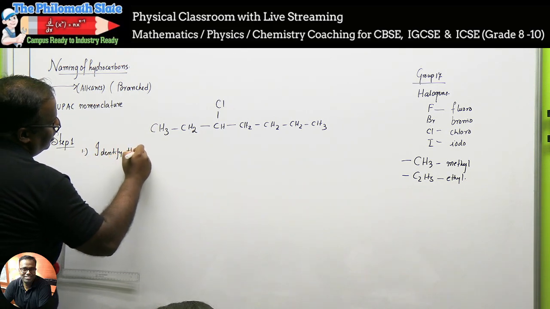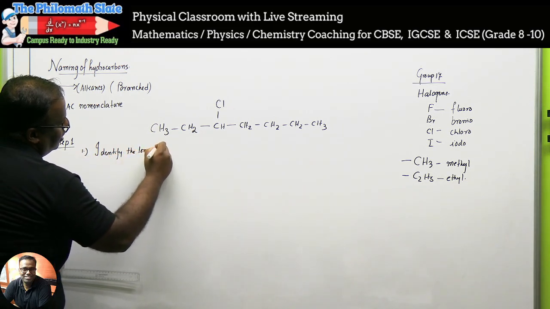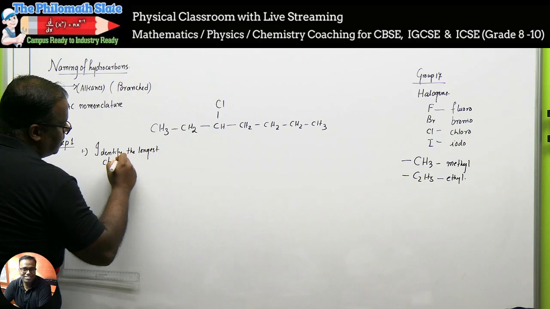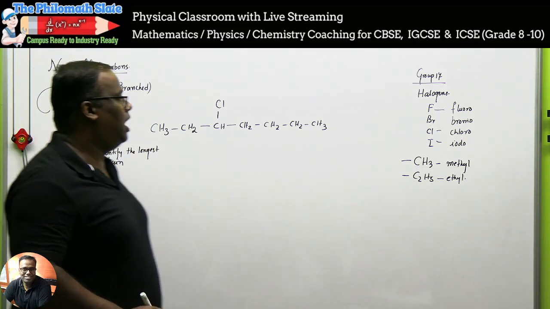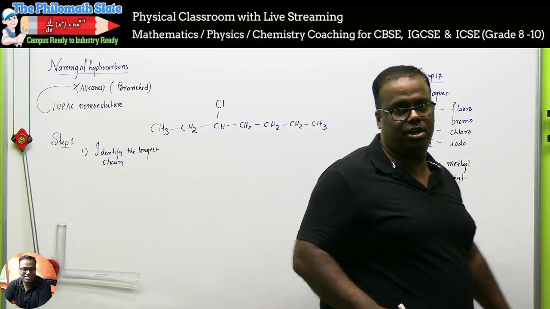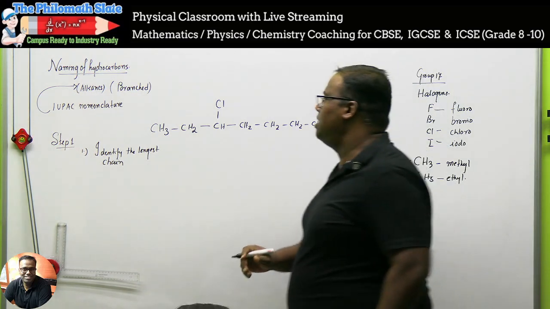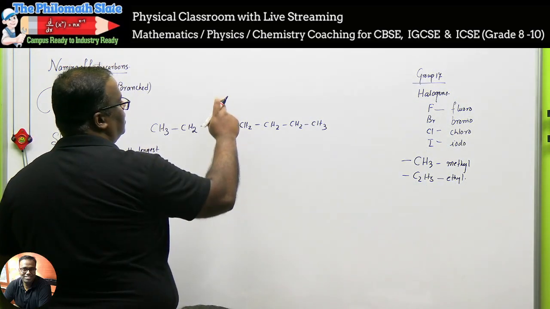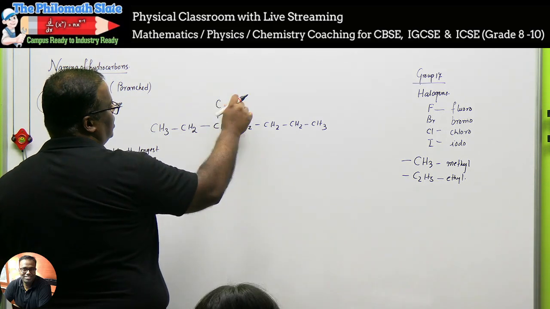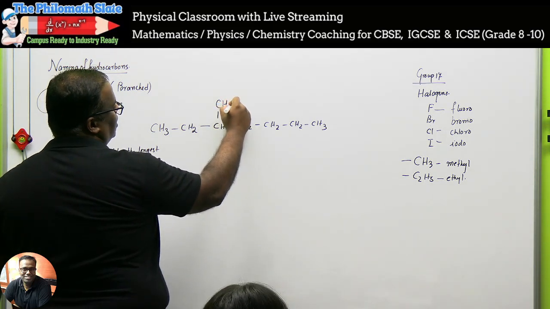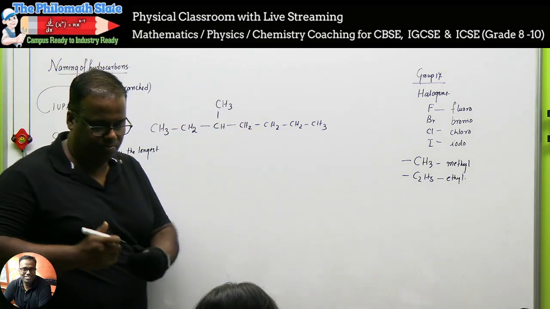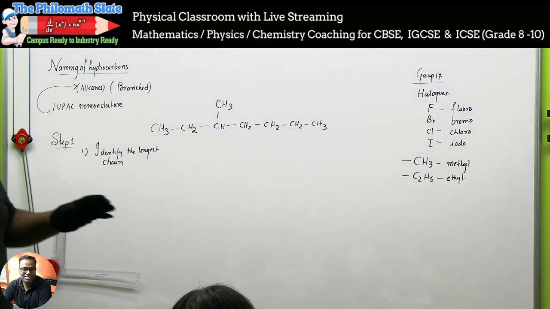First step is identify the longest chain. यहीं पे बच्चा सबसे ज्यादा गड़बड़ी करेगा. Identify the longest chain. And for this example, instead of chlorine, just for this example, make it CH3. Now, how do you identify? Have you written the step?